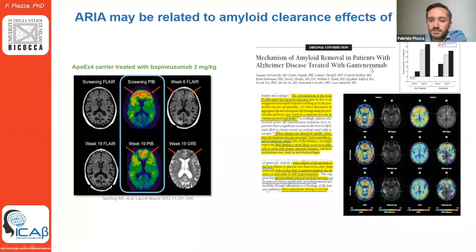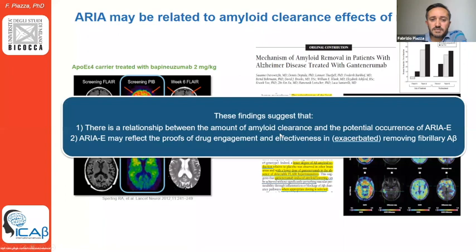The same was also reported with gantenerumab, which is another antibody by Roche, where in the same brain area, again, you have the measured removal of beta amyloid after treatment. These findings suggest a closer relationship between the amount of amyloid clearance exerted by this antibody and the potential occurrence of ARIA events.